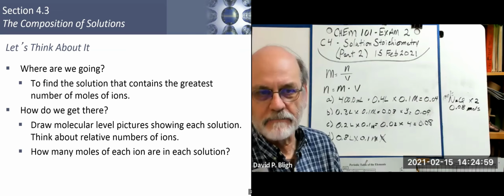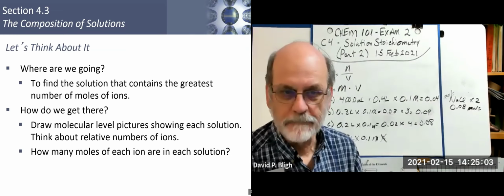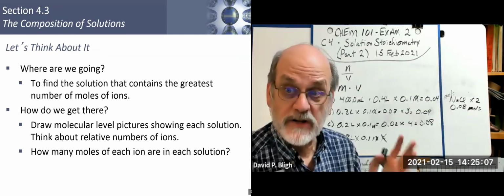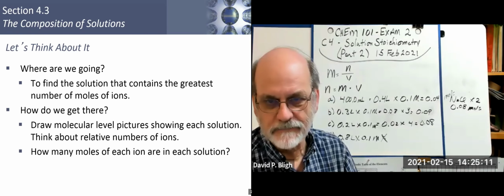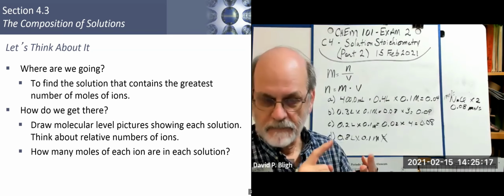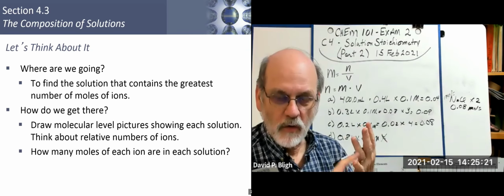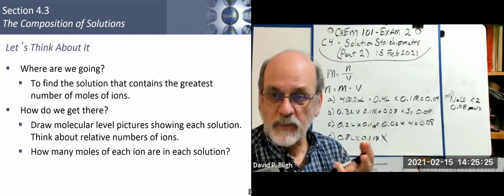So here we go again. This is problem solving 101. Where are we going? That's another way of saying, what's the question? If you don't know what the question is, you can't get the answer. How do we get there? Well, first you got to assess. If I know the question, what information do I need to answer the question? You look at the problem.